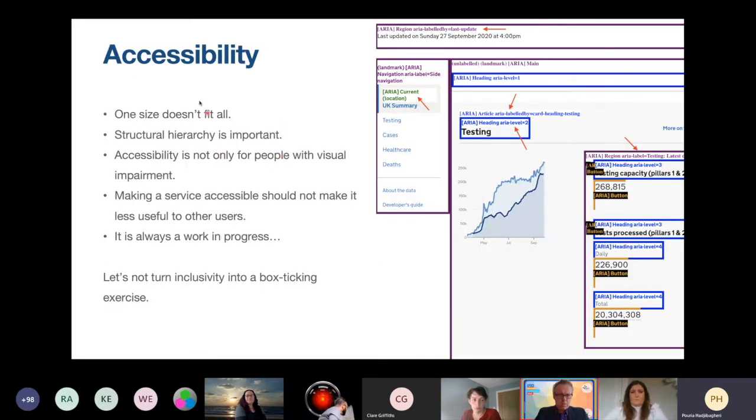Accessibility of the service is also important, and it is important for us to consider that one size doesn't fit all. So the structural hierarchy of the service is very important. We need to always be mindful of that, because screen readers can't understand that there is a contrast here, or that this font is larger, if it is not in the correct context.